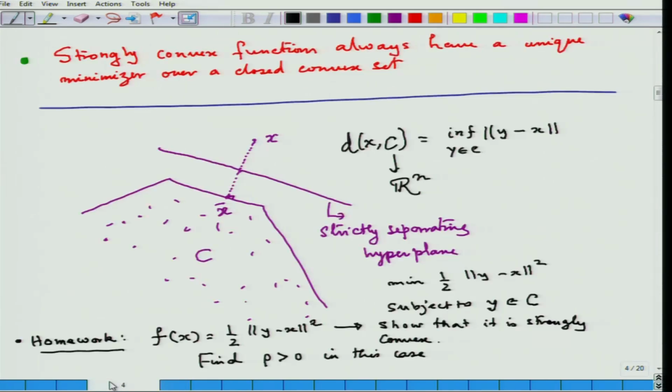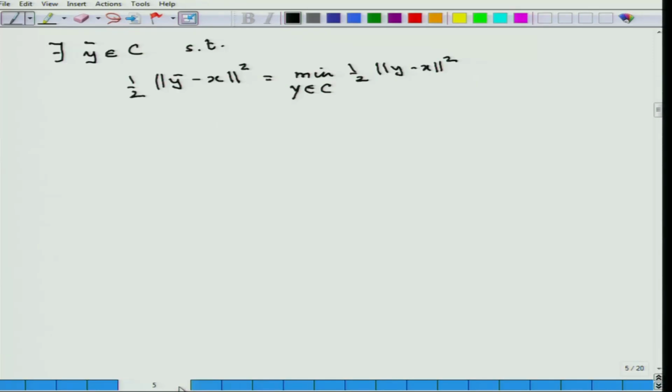So, the x bar we are calling here is actually the y bar we have just written, the same thing. I will just draw the picture again for you.